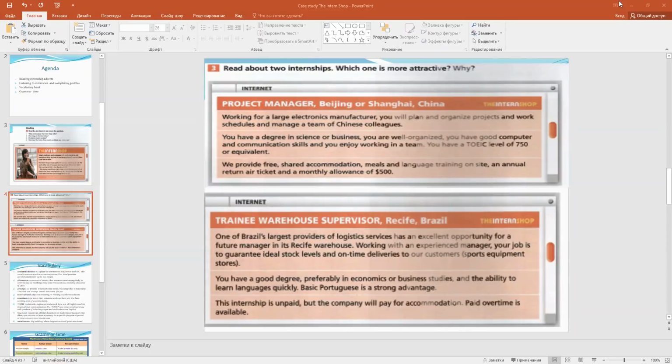Working in a team, computer and communication skills, more electronic technologies, and also language proficiency. Right, good.